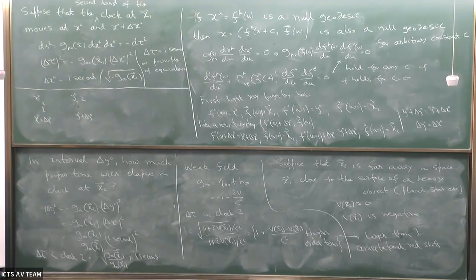So that the clock is going along the trajectory where only x0 is changing and x1 is remaining fixed. And the same is true for the observer. If they were going along the geodesic, then their positions would also change. But I'm not assuming that the initial and the final clocks are going along geodesics. They are just held in that position by some external force.